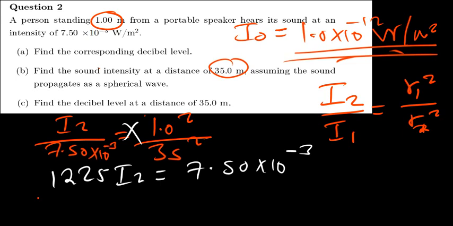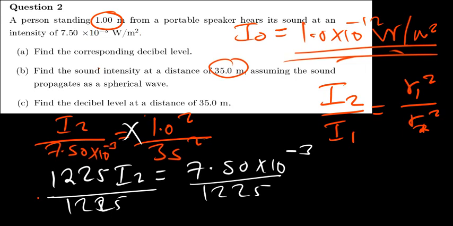Now we can divide both sides by 1225. So my I2 will be equal to 7.50 times 10 to the power negative 3 divided by 1225.